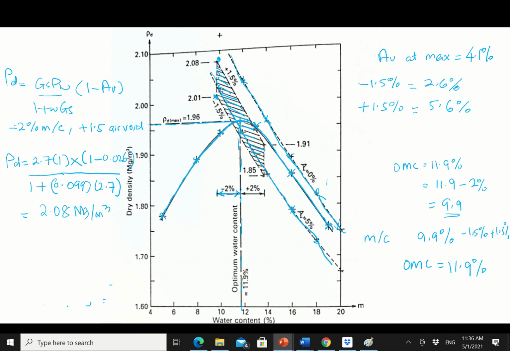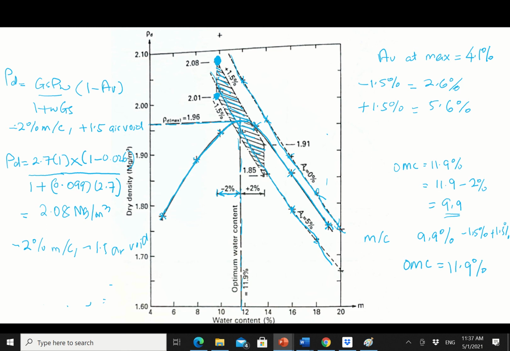So this is the point for negative 2% moisture content and positive 1.5% air void. I'm doing the same for the condition of negative 2% moisture content and negative 1.5% air void, and then I get this value.